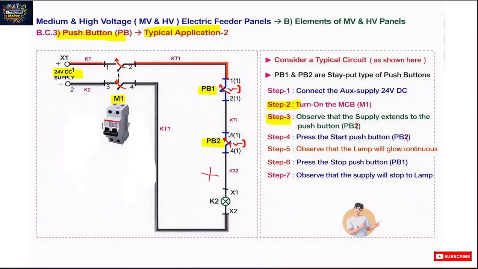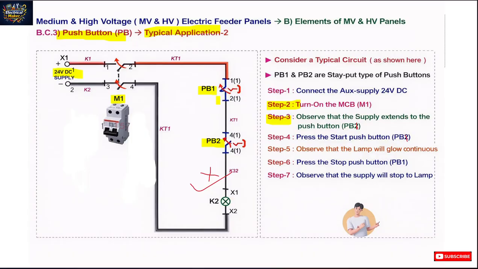After that, when we press the PB2 button, the lamp will glow. You can see that these two types of push buttons are stay put push buttons, so the push button is like a toggle switch present in your home.